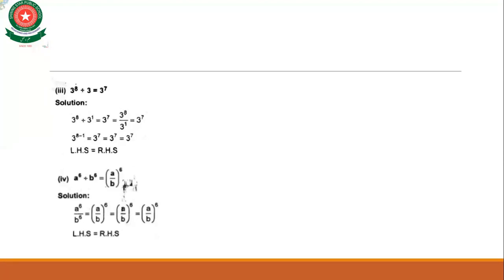Now again, according to the formula, we know that when the powers are different but the bases are same, then the answer will be a power m minus n. Here m denotes 8 and n denotes 1.